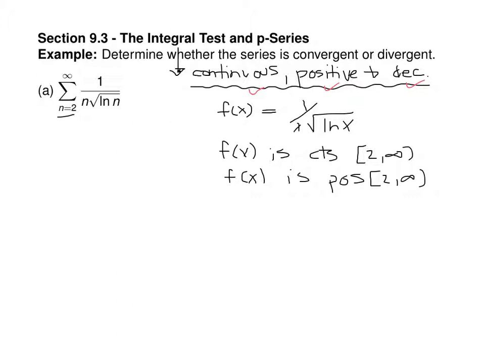This function is not defined for x's that are negative, but that doesn't matter since we only care about things past 2. The same goes for positivity. It's only positive as long as x is bigger than 1, but that falls well within our interval.